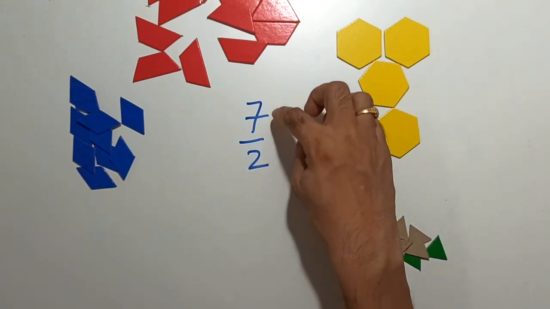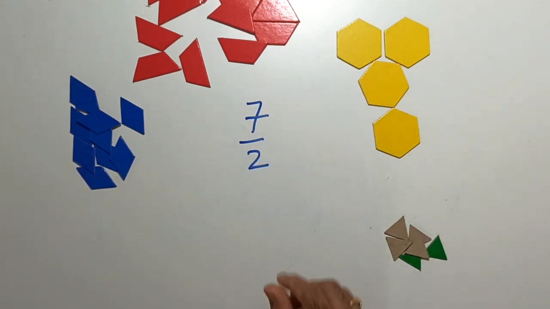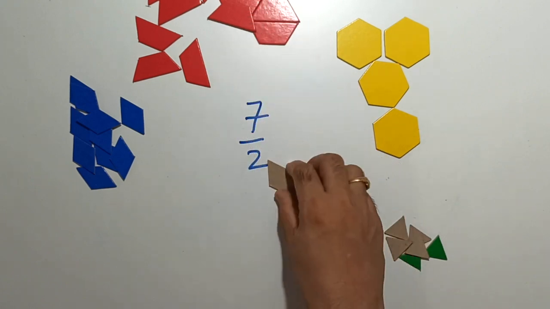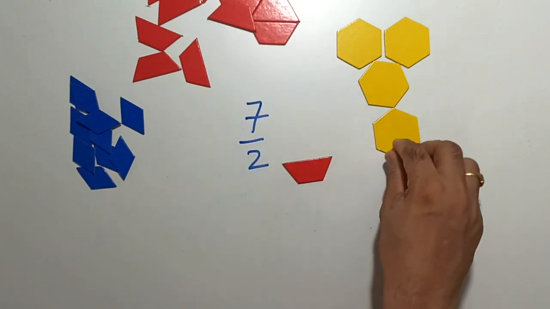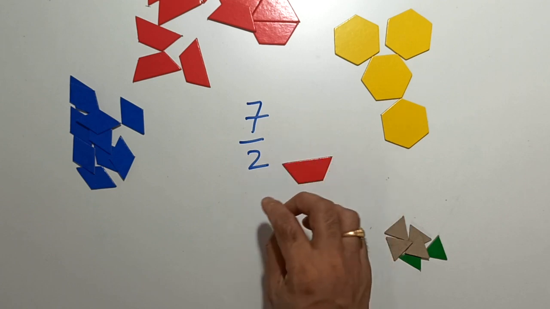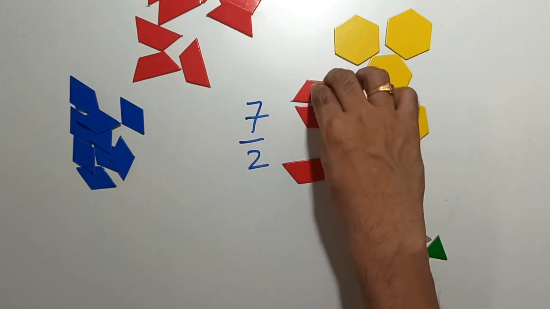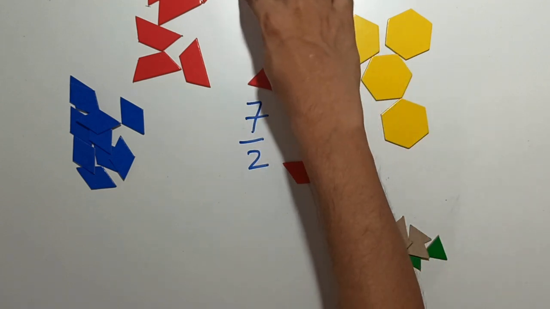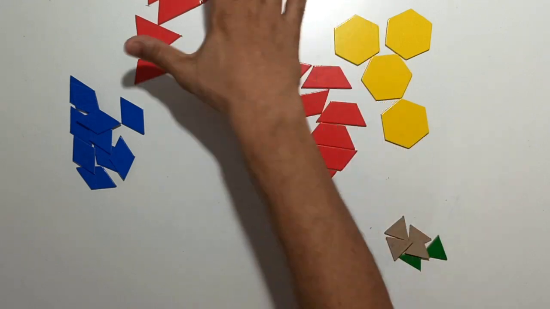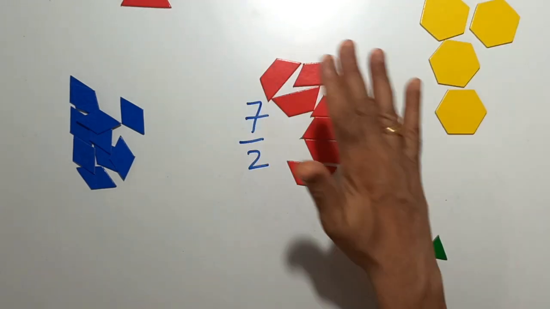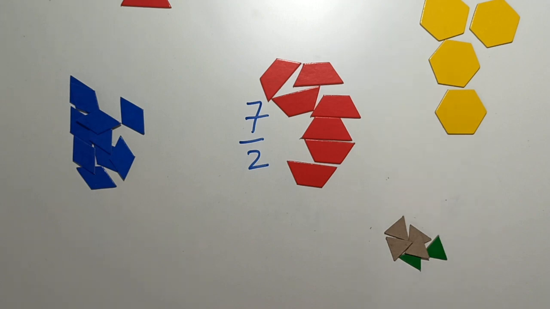It tells us that I need to take 7 such pieces, because each piece represents 1/2 of the whole. So let's take 7 parts: 3, 4, 5, 6, and 7. Now this is what 7/2 actually means.